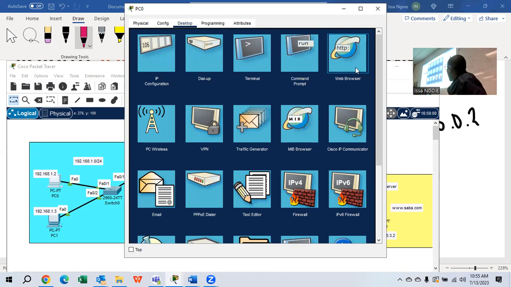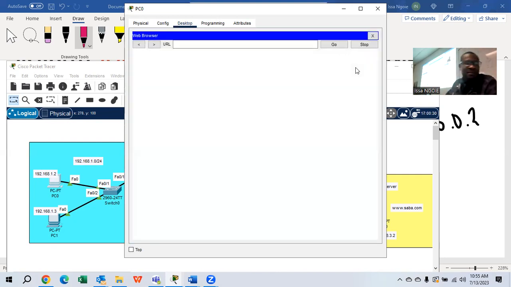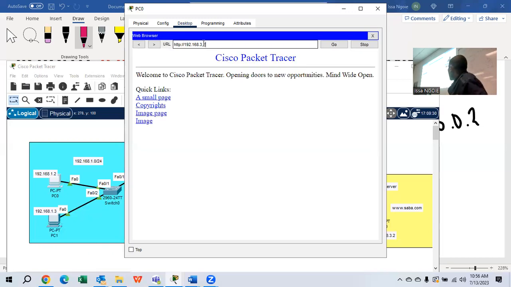Now you're going to try to open it. First, we're going to try to access the website using the IP. We can access the website, my website is coming, using the IP address.